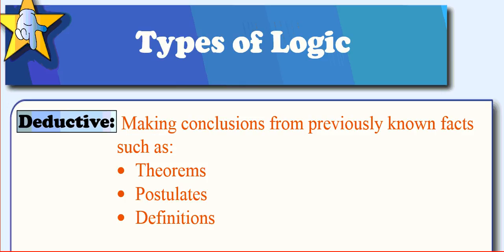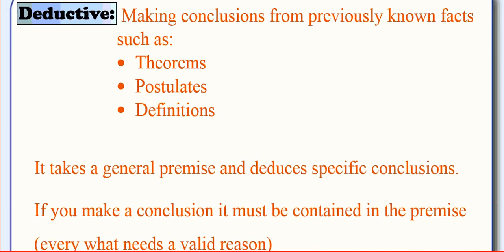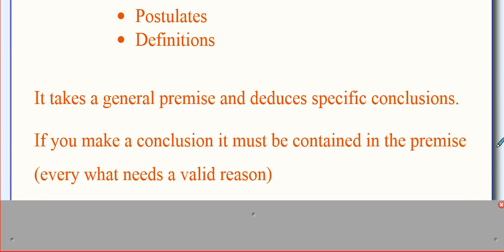So deductive reasoning, deductive logic, makes conclusions from things that you previously knew, like theorems, postulates, and definitions. And deductive reasoning takes a general premise and it's going to deduce it.